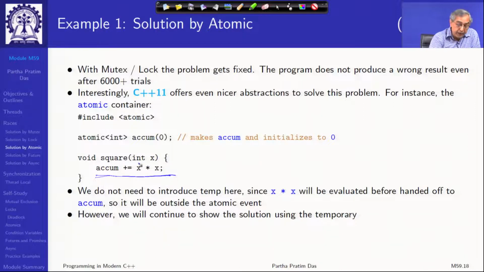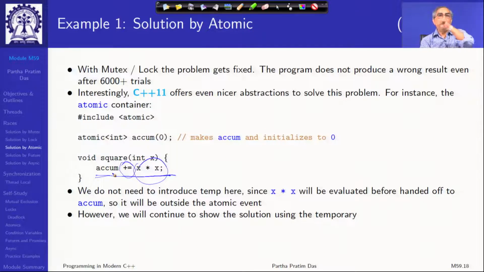What happens is, when this part is happening, the threads are allowed to go concurrently, but when you try to update accum, the atomic behavior that is defined in the library will make sure that threads are properly serialized, and this update happens as an atomic operation. That is, when one thread is doing the update, that it has read the value of the accumulator and is adding the product to it and getting the final value.